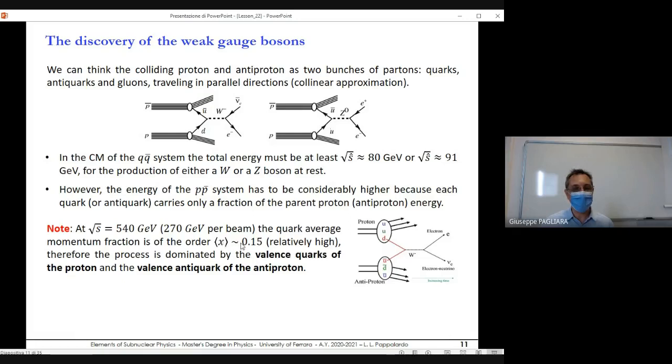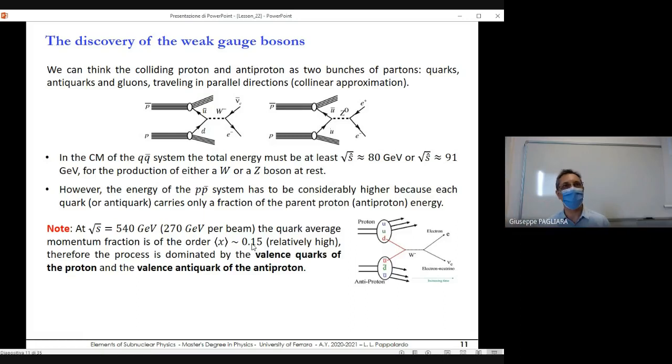And at this energy, one can estimate that the average value of the X-Bjorken is 0.15. Okay, so essentially, at this energy, which is not extremely high, on average, quarks carry 15% of the proton momentum. Okay, and since this is a quite large value of X-Bjorken, we are in the valence quark region. We are dominated by the valence quarks.